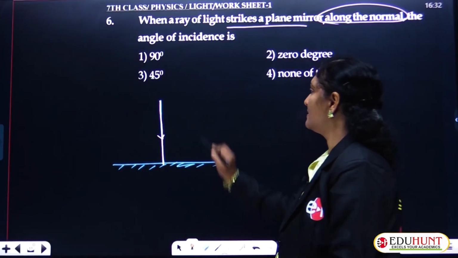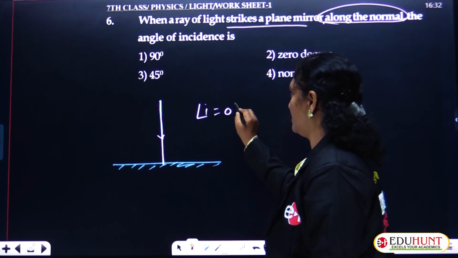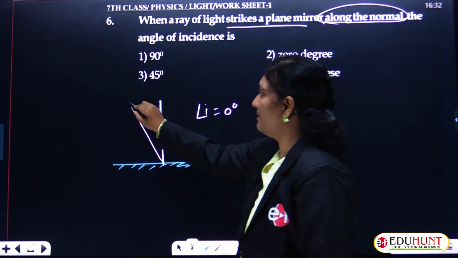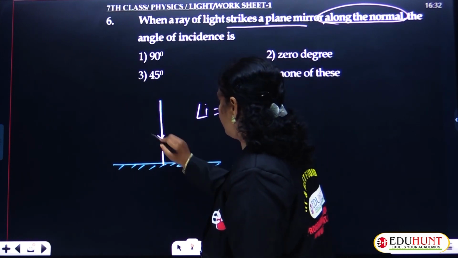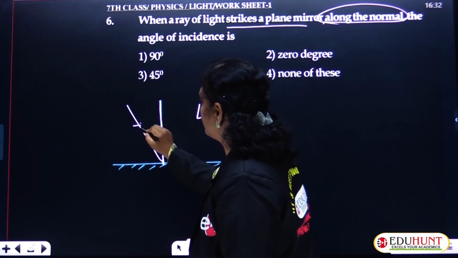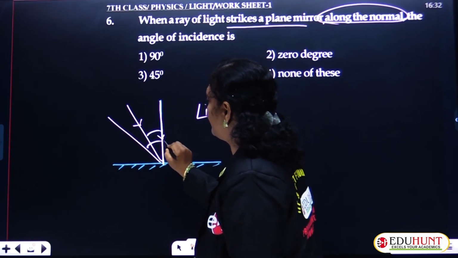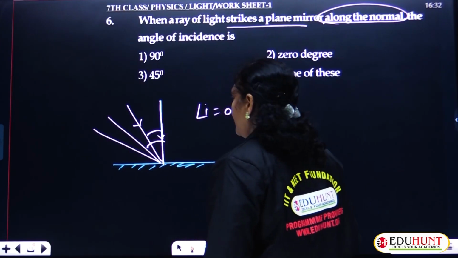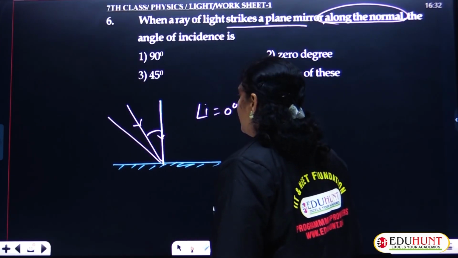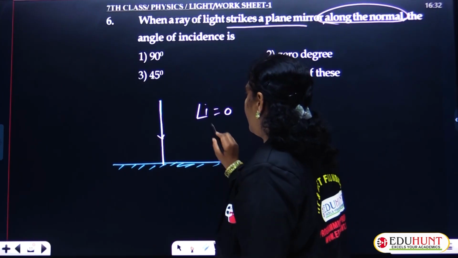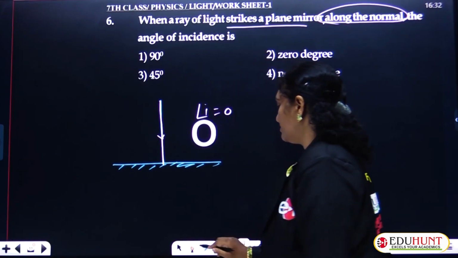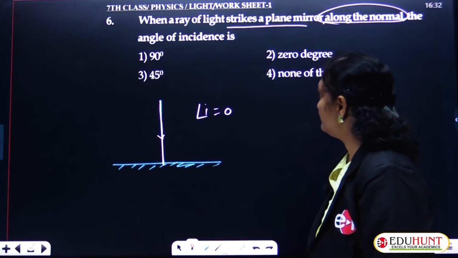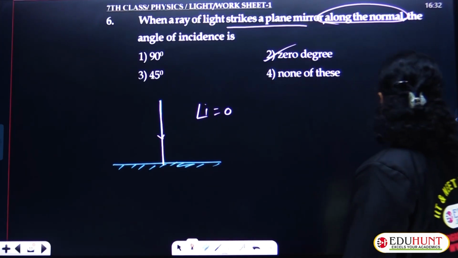Along the normal means the angle of incidence is 0 degrees, straight ahead. Here means some 30 degrees, here some 45 degrees, here 60, 70, 80, 90 and so on. But if it is incident straight ahead on the normal, then the angle of incidence would be 0. So the answer is 0 degrees.